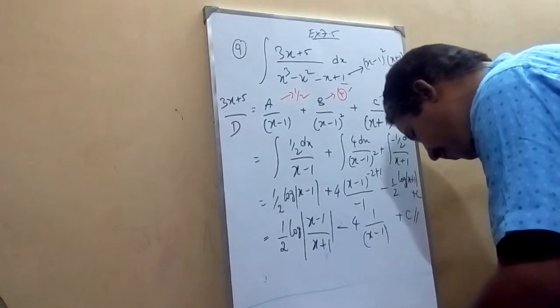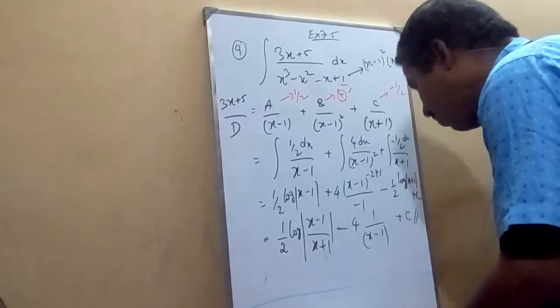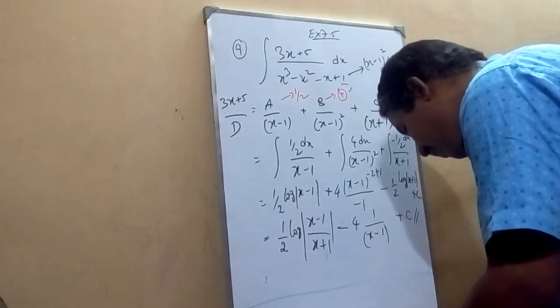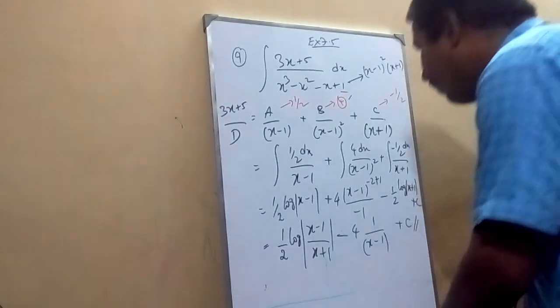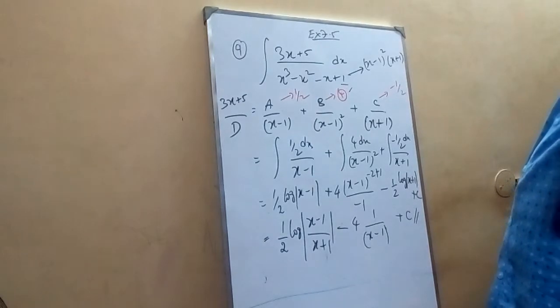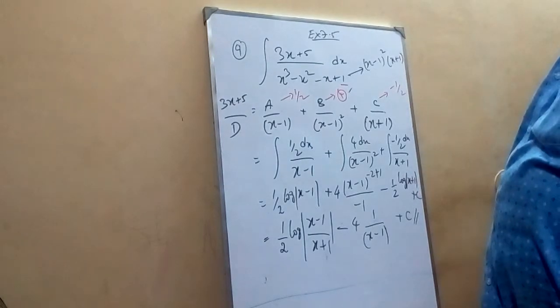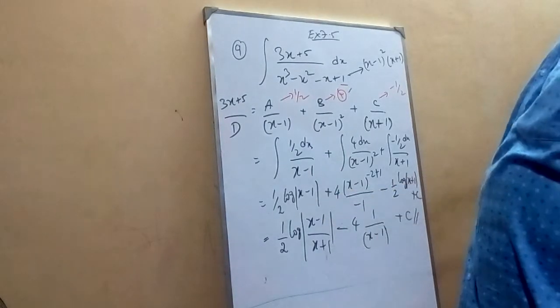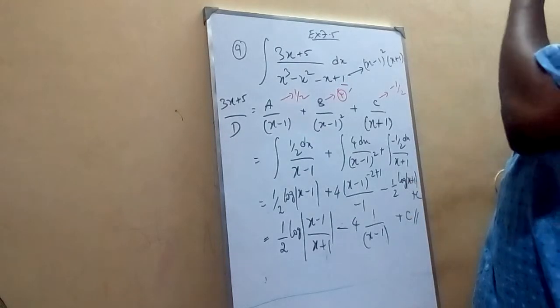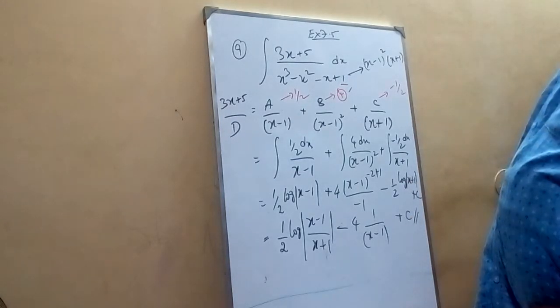Half log of x plus 1 by x minus 1. So it is coming vice versa. Somewhere I am making a mistake. This is plus or minus, opposite coming. How?